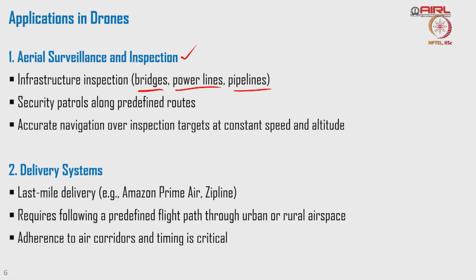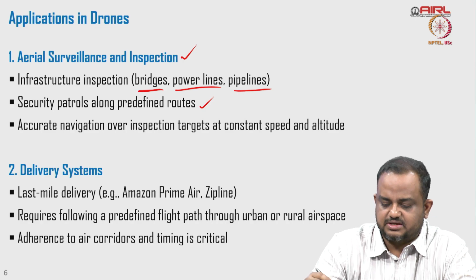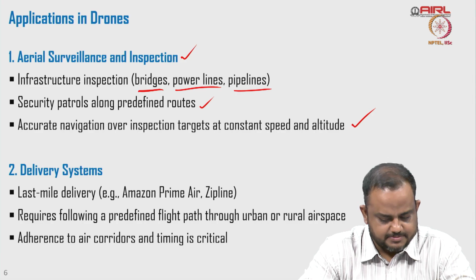Then security patrols along the predefined routes. When there is a huge gathering of crowds, that time also to check whether all the rules and regulations are being followed, drones can be used for aerial surveillance and inspection. So, for that accurate navigation over inspection targets at constant speed and altitude will be required.